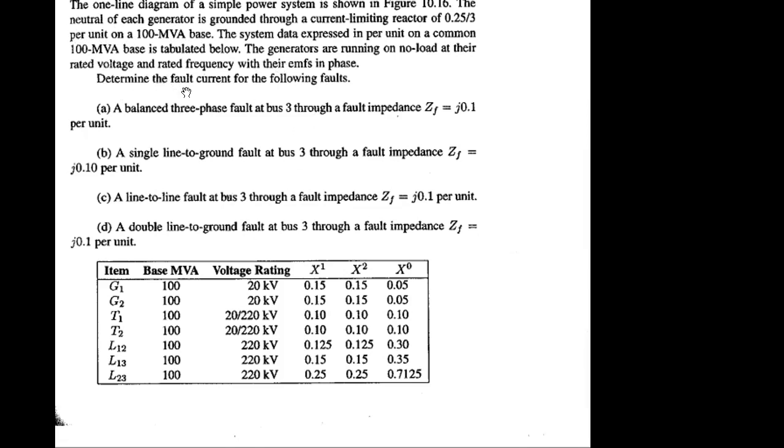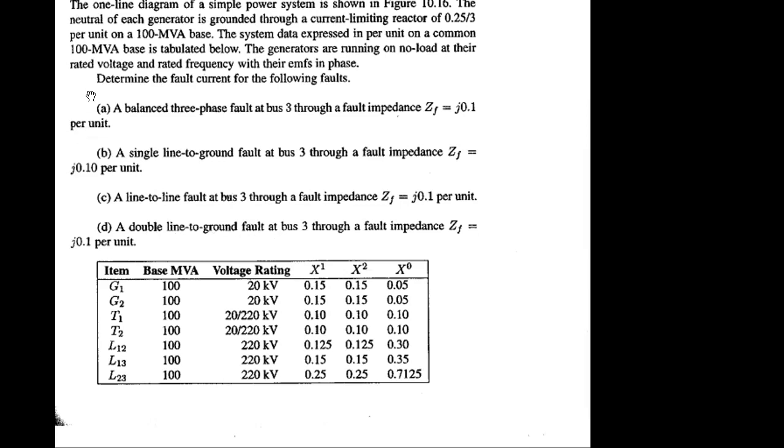Okay, determine the fault current for the following faults. Actually, given this information, you have to determine the three-phase fault, which is the symmetrical fault. Then you have to find the single line to ground fault at bus 3. Regarding that, bus location is important: which bus do you want to find the fault at? Then the double line fault at bus 3 as well as the double line to ground fault.